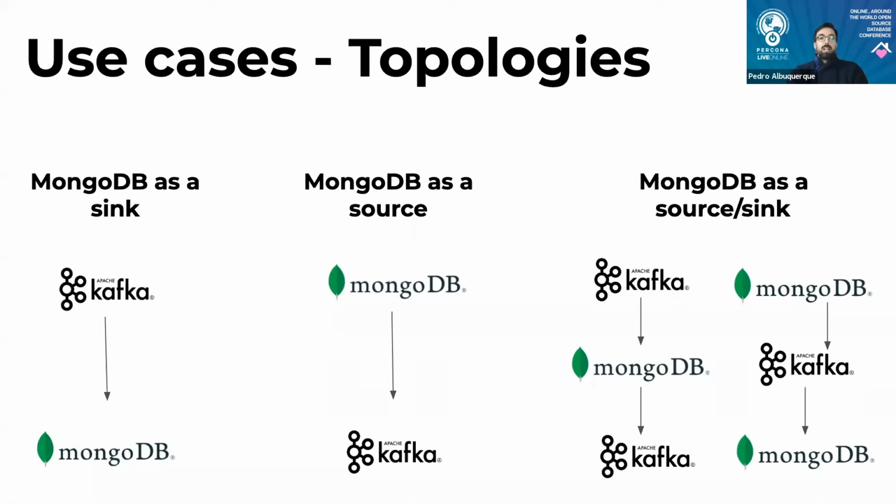MongoDB as a source is the exact opposite. MongoDB feeds Kafka with events. The combinations are unlimited, and the same applies to the topologies. MongoDB can act as both sink and source in the same topology. The topologies can become really complex and have multiple branches.